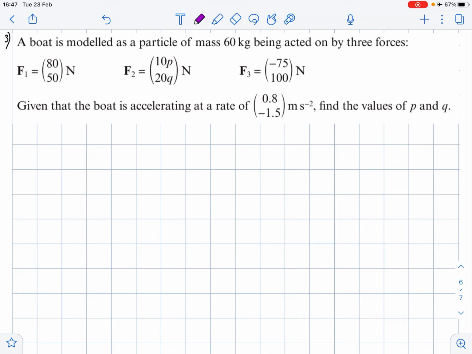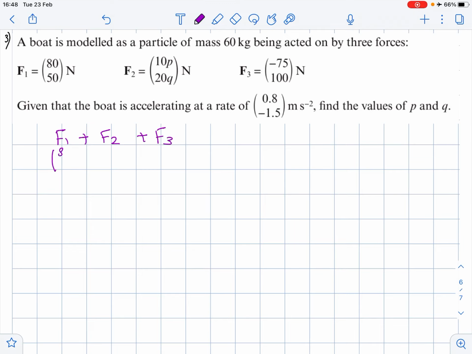Let's look at the last example. A boat is modeled as a particle of mass 60 kilograms, being acted on by 3 forces. Similarly to previously, we find our resultant force by adding the 3 forces together: force 1 plus force 2 plus force 3.